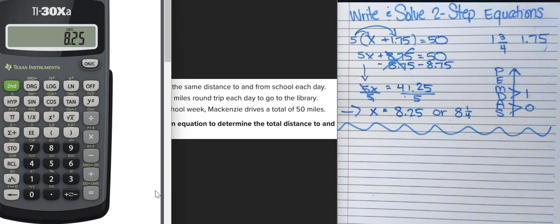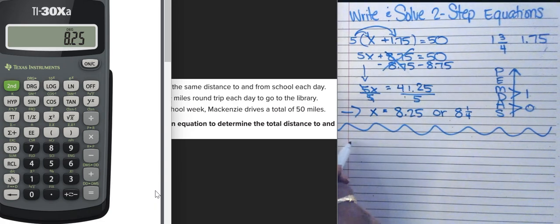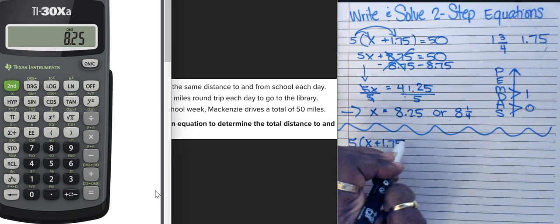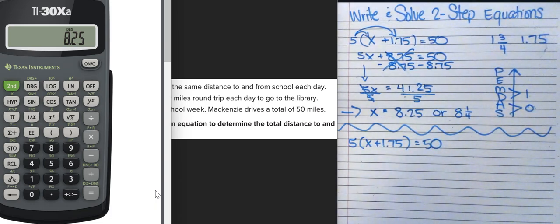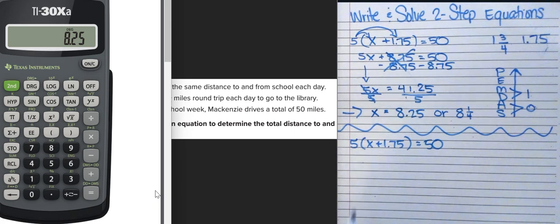8.25 or 8 1/4. Now what we have is 5 times x plus 1.75, and that is going to be equal to 50. Looking at my equation, I noticed that the variable is not isolated because we're adding 1.75, but we are also multiplying this expression within the parentheses by 5.